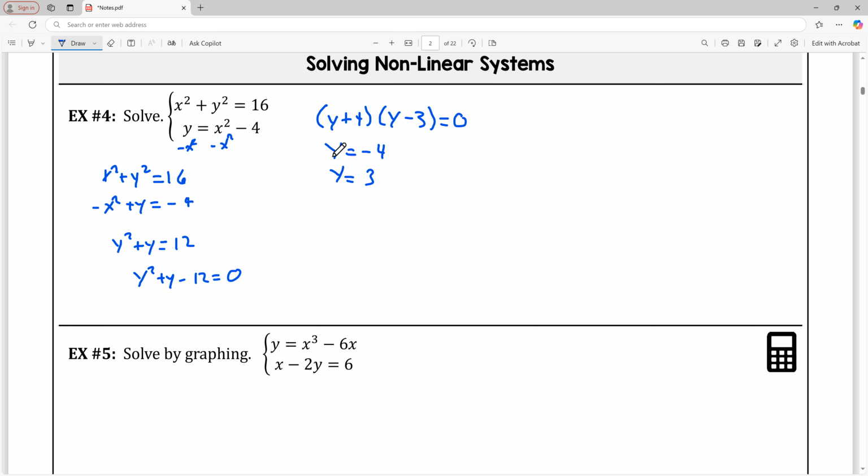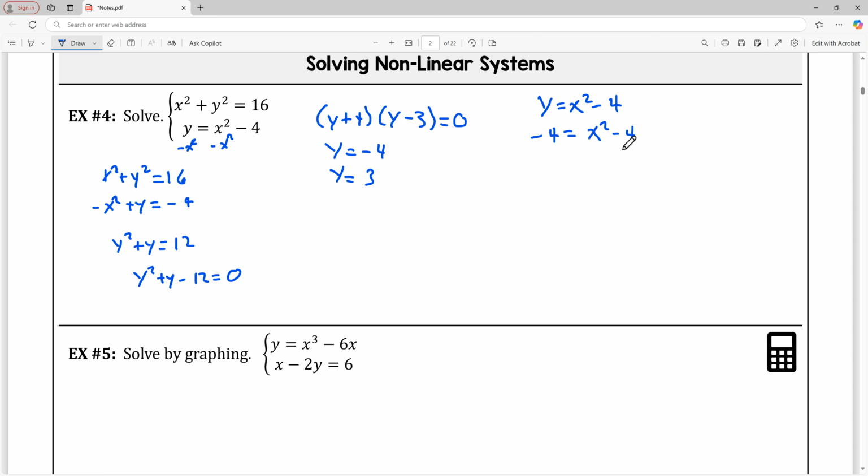We now need to find an equation that we think would be easy enough to plug them into. And in my opinion, that would be equation 2. Remember the equation that went y equals x squared minus 4? Well, I'm just going to plug one of these y values in. I'm going to do negative 4 first. So I have negative 4 equals x squared minus 4.